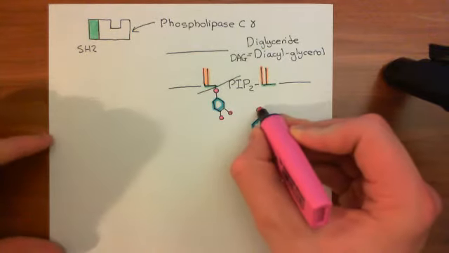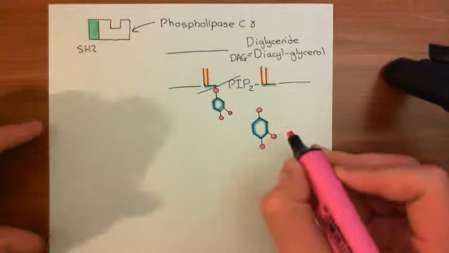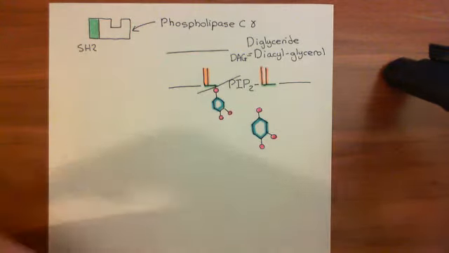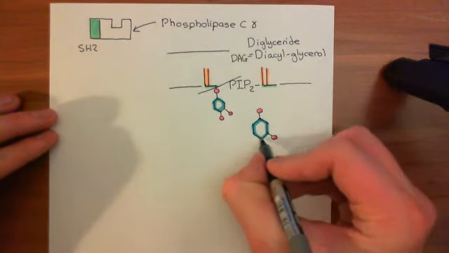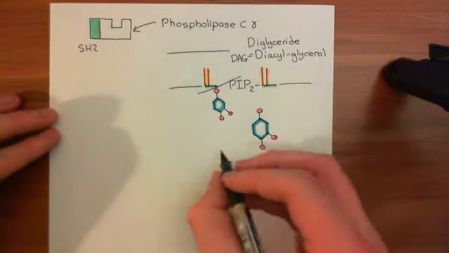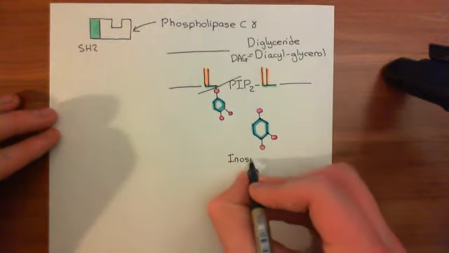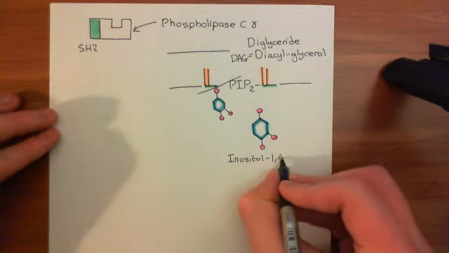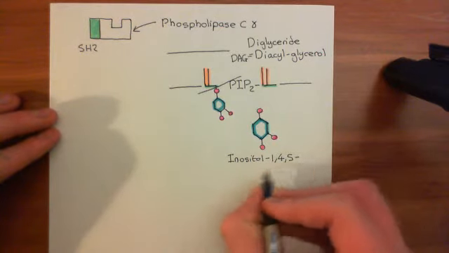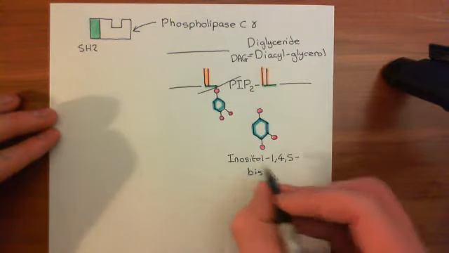We're talking about myoinositol, and the carbons of myoinositol are already labelled up for you. So this is 1 here, 2, 3, 4, 5. So this is inositol 1,4,5 trisphosphate.